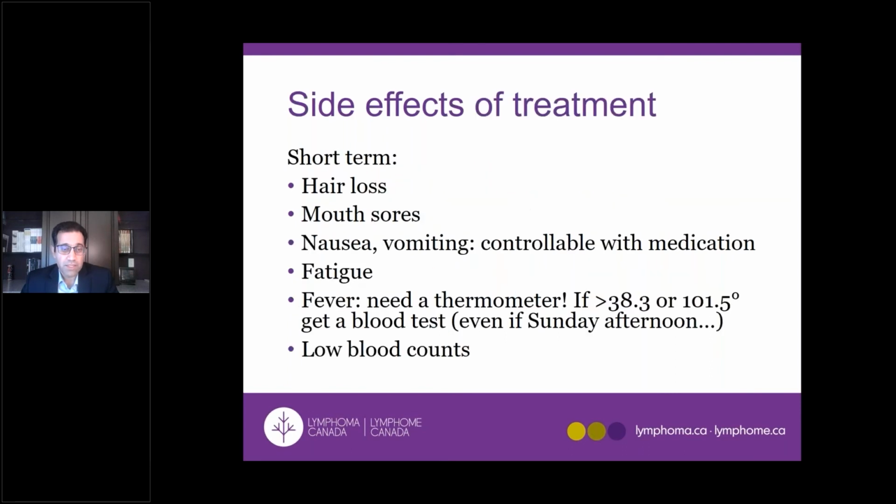Side effects of any treatment, especially chemo and immunotherapy, could be hair loss, alopecia, as we mentioned, and once the patient finishes the chemotherapy, the hair will come back again. Mouth sores as well, nausea and vomiting. We give a good anti-nausea medication. Tiredness and fatigue, we know that these are side effects of chemotherapy. Fever, if the patient has a low white blood count, should be addressed very clearly with the oncologist.